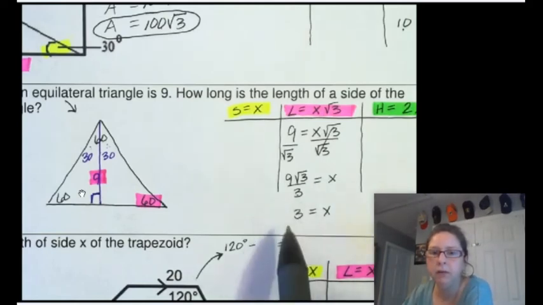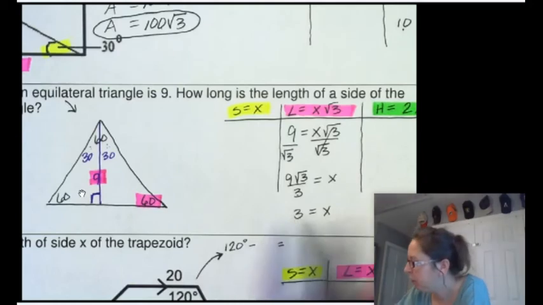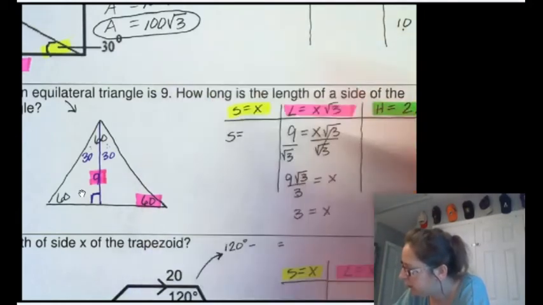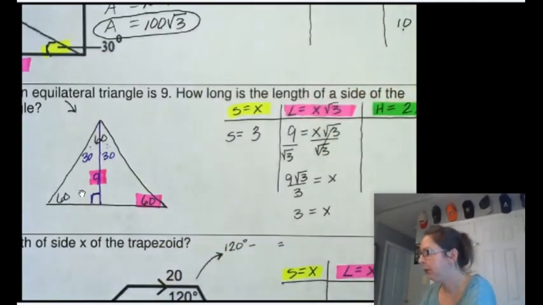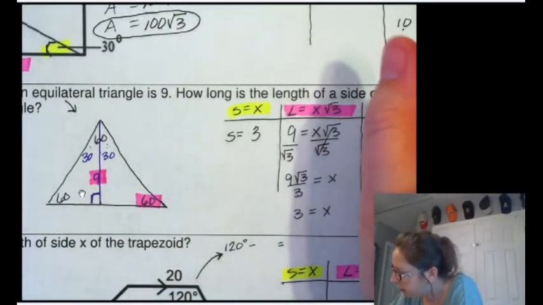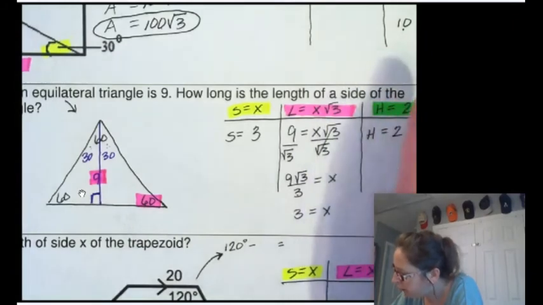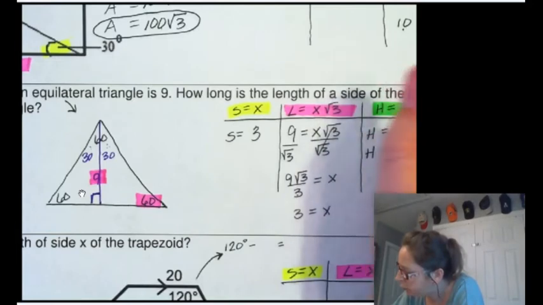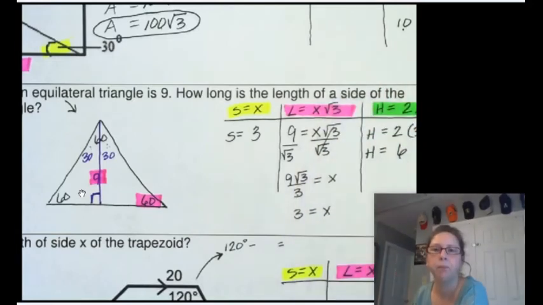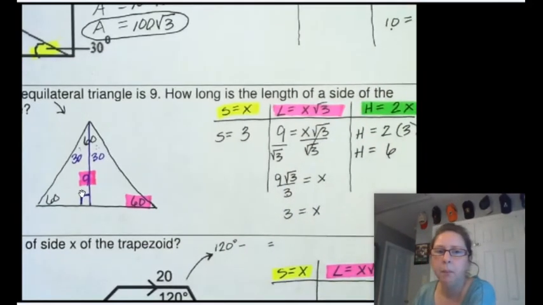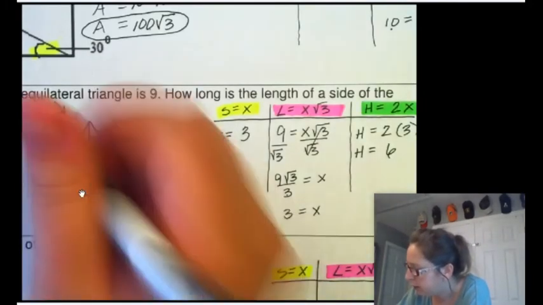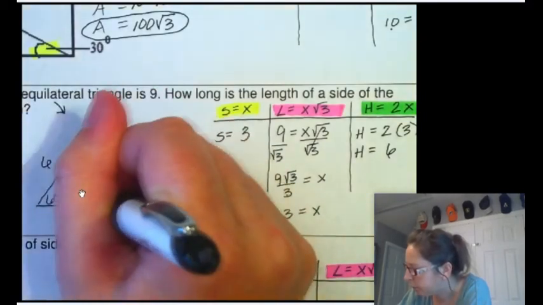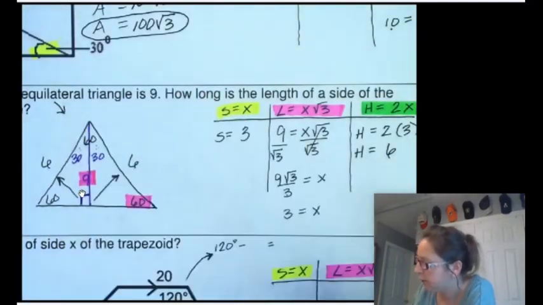Now I'm going to use this to help me find the small side. The small side equals x, which is 3. The hypotenuse equals 2 times x. Well, x is 3. So the hypotenuse will equal 6. Okay? So the hypotenuse of either one of these triangles is 6 and 6.